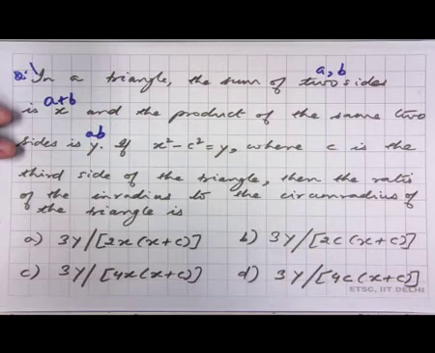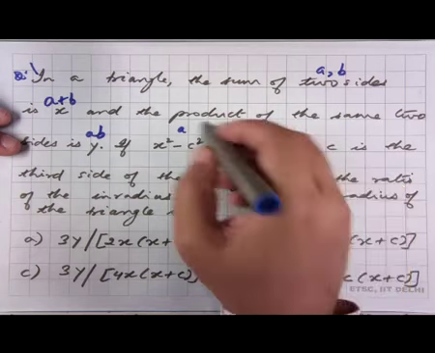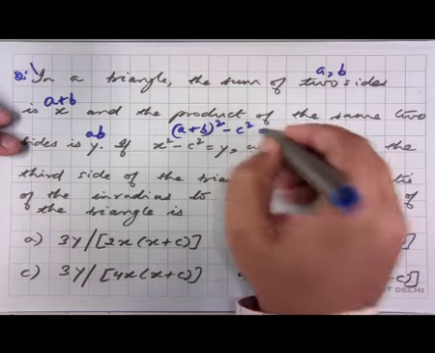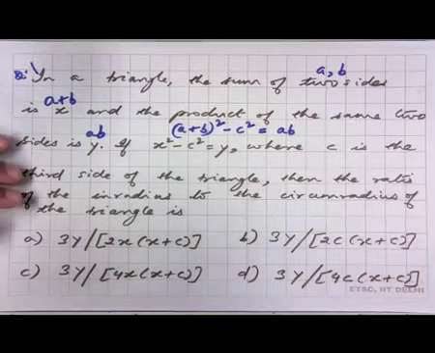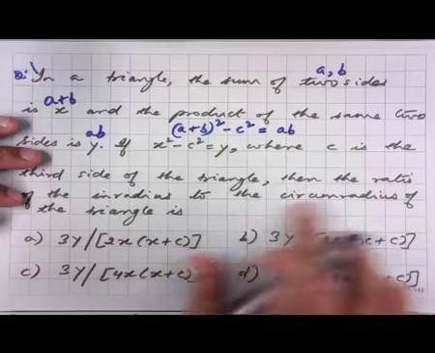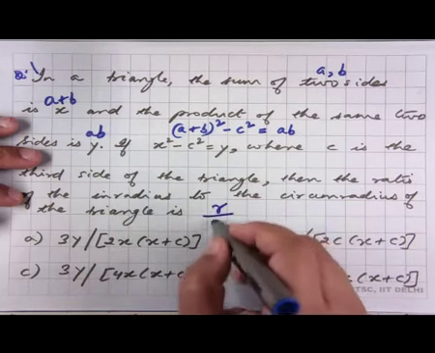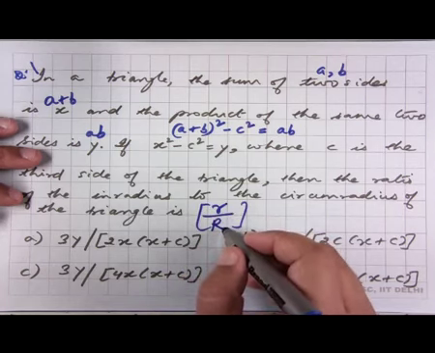The third side is of length c, and we have the relation x squared minus c squared is equal to y, which is the product of the sides, so equal to ab. It is asking us to find the ratio of the inradius to the circumradius of this triangle, and the correct answer is one of these four options.